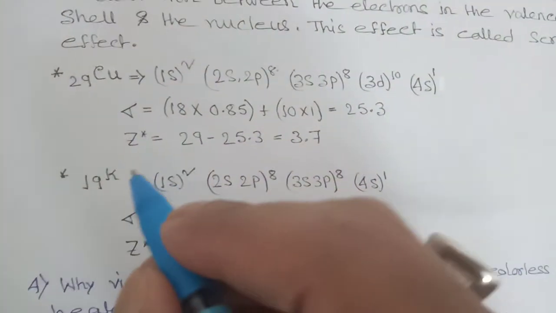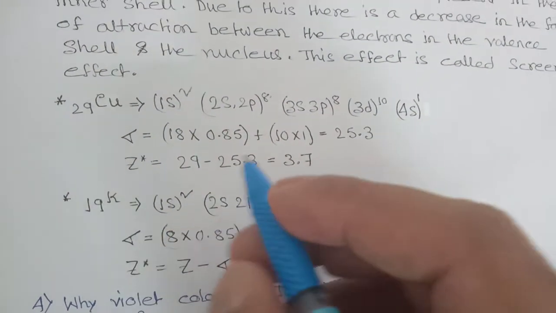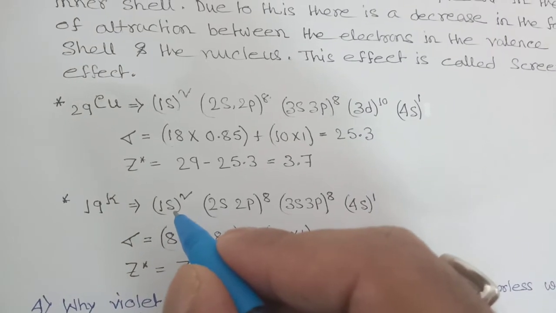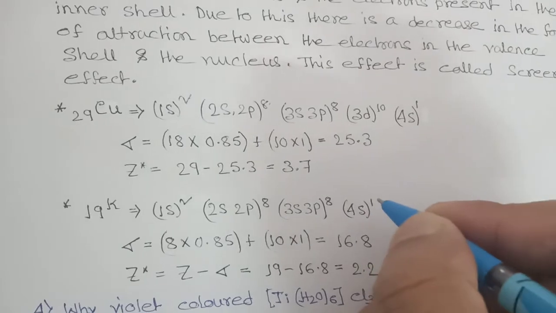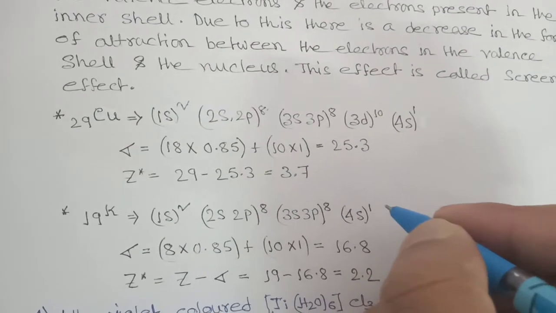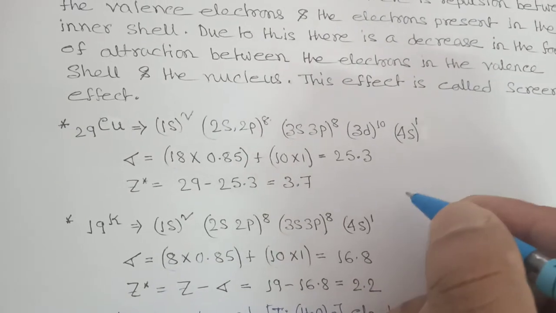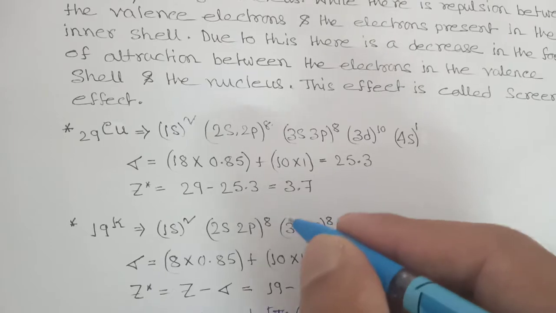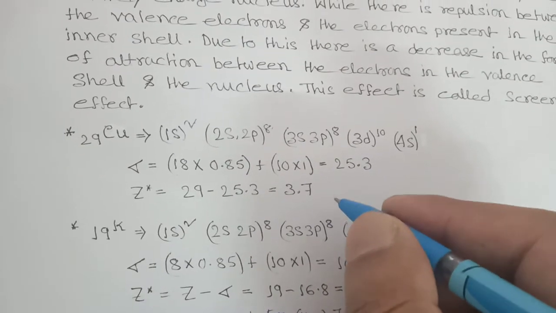Okay, and for potassium we have atomic number 19. So the electronic configuration is 1s2, 2s2 2p6, 3s2 3p6, 4s1. We have to calculate for this one. So 1 minus 1 will be 0, so no contribution of this one for the n shell. For the n minus 1 shell, this one, we have 8 electrons and per electron contribution is 0.85.